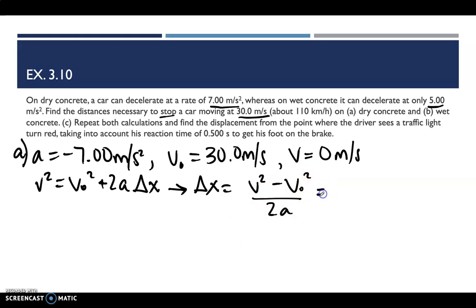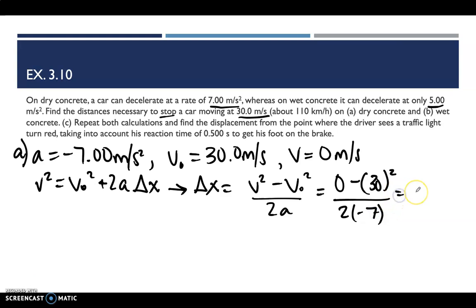All right. So our final velocity is 0. Our initial velocity is 30. I'm going to keep the units off for just a moment. And then 2 times our acceleration, which is going to be -7.